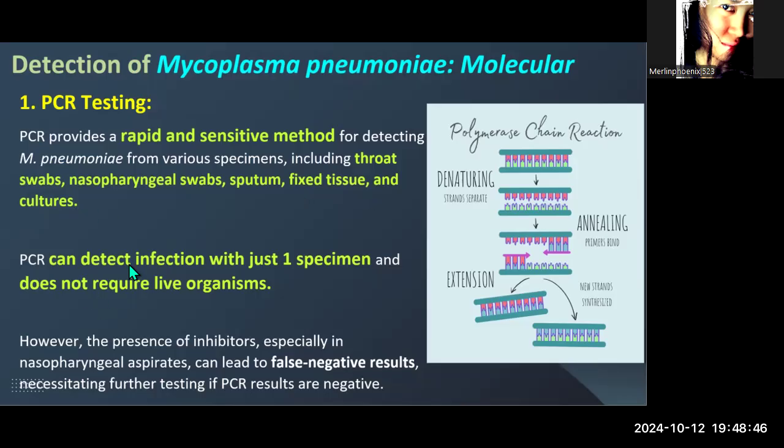It can identify an infection using just one specimen, without needing live organisms. However, inhibitors present in nasopharyngeal aspirates may cause false negative results, requiring additional testing if PCR yields a negative outcome.